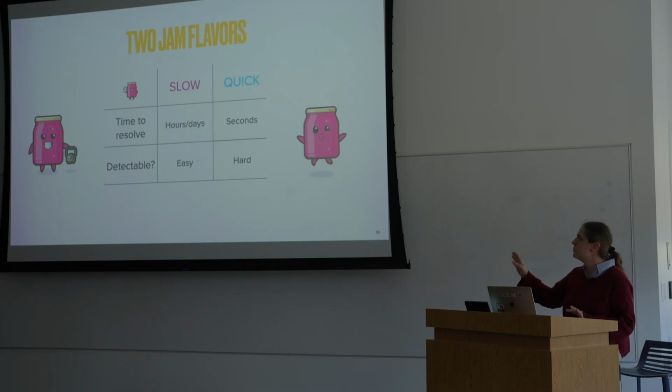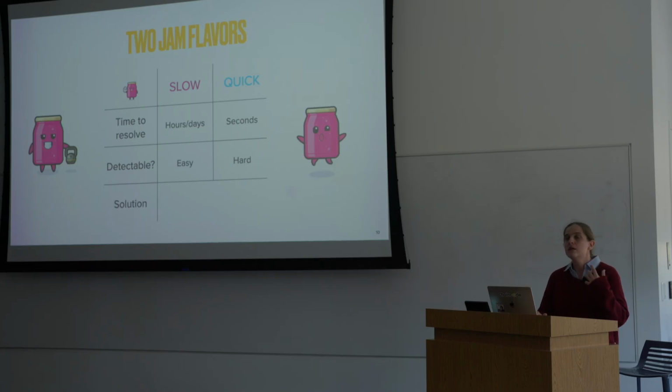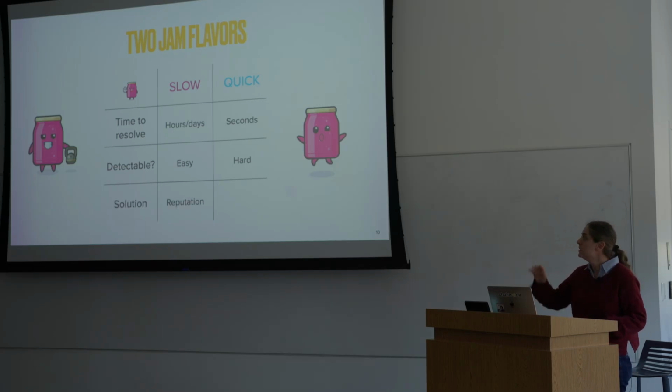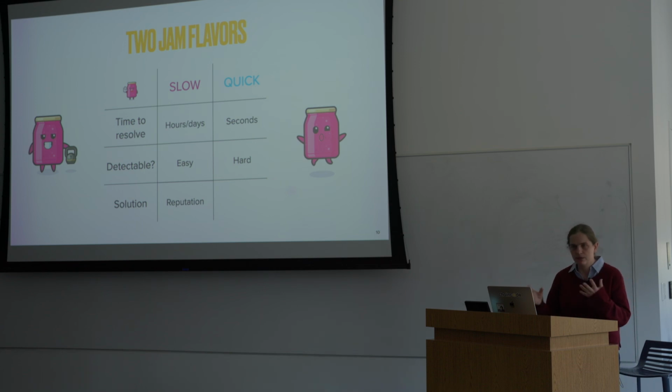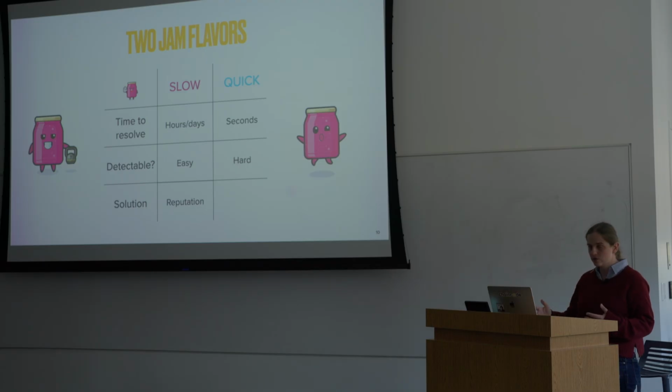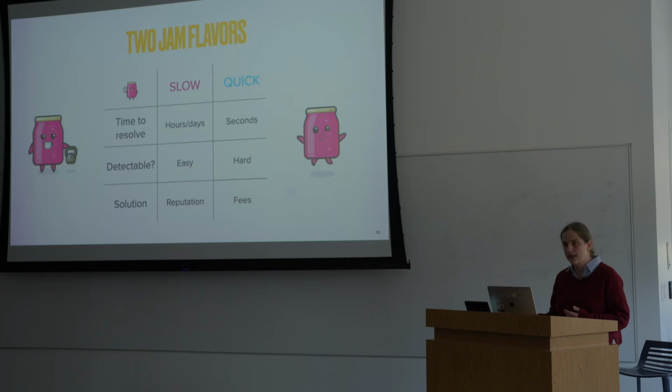It's difficult to pinpoint if you're being attacked in a quick jamming attack. So the solutions are also different. For the slow attack, because it's so easy to detect, it's clear that something is happening that shouldn't happen naturally with bugs and things like that. We can use reputation.